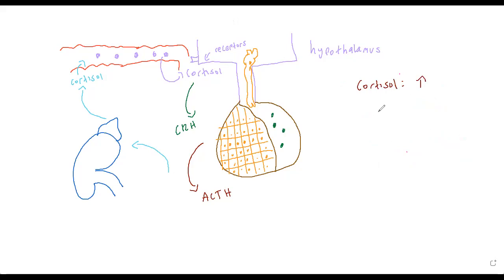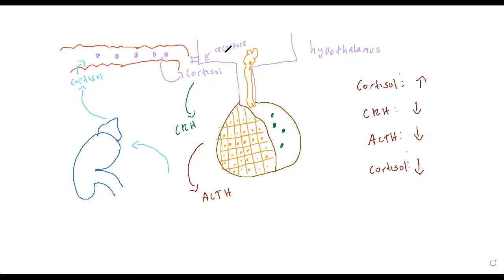Well, it is going to lower its secretion of CRH. The lower levels of CRH will be received by the pituitary, which will lower its levels of ACTH. As a result, the adrenals will receive the signal of less ACTH, and it will decrease its secretion of cortisol. And the cycle is going to rinse and repeat.